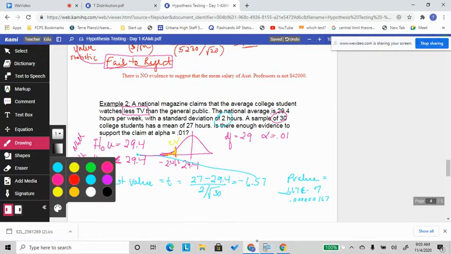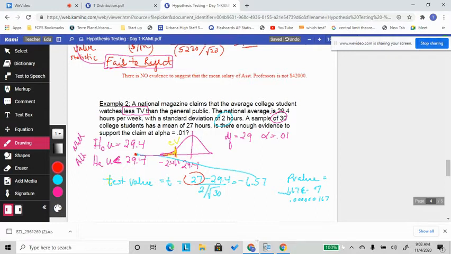Absolutely. You're landing down here. The rest of the population is here. Is college students, 27, significantly lower than the population? Yes. Remember, this is like a Z, right?